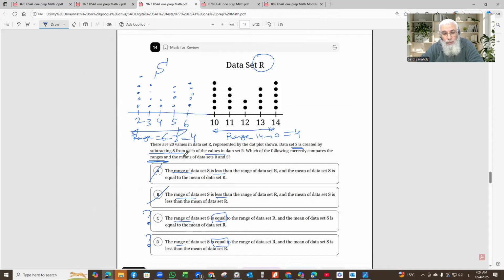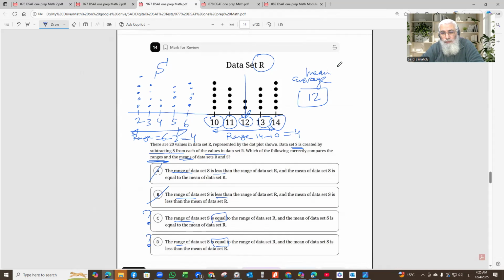Now, range and what? Means. Mean is the average. We add all numbers and divide by how many there are. From 10, 11, 12, 13, 14, with these repeated, the mean will be 12 because the shape is symmetric.